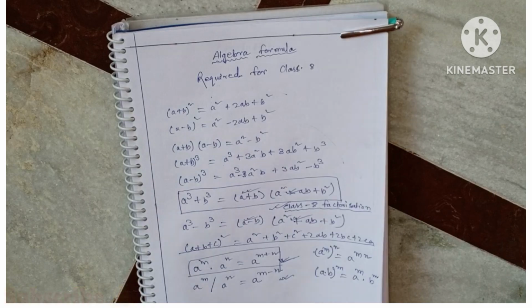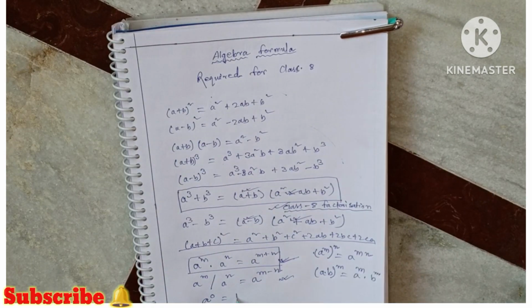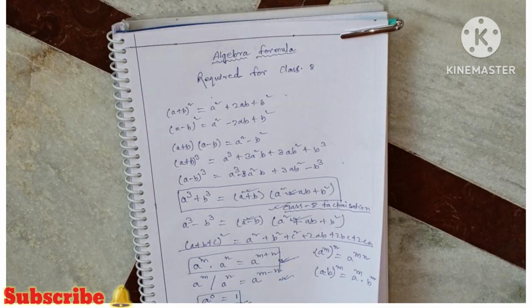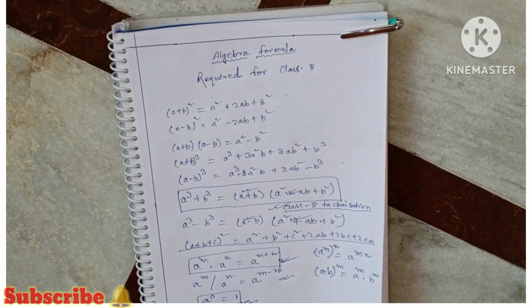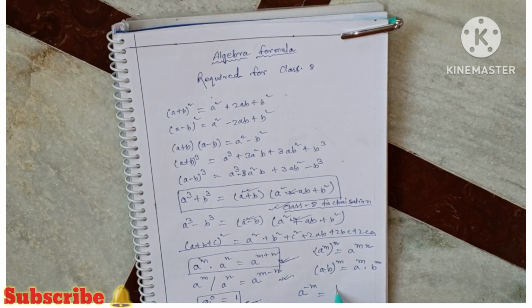This is also required, and a to the power 0 is equal to 1. Please remember that part. This also comes in MCQ type questions. This is only for MCQ type questions, and it is also required in class 8. And also a to the power minus m is equal to 1 by a to the power m. Why?